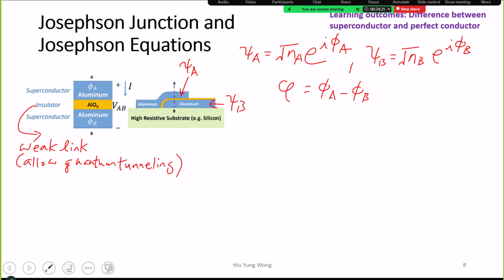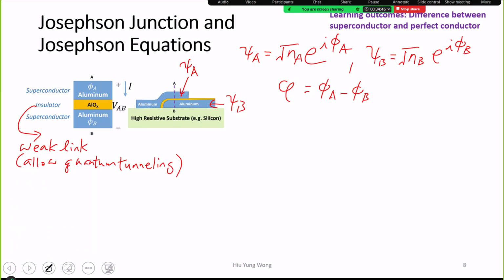And didn't we say that it is not observable, right? Because in any measurement, the phase doesn't matter. And indeed, it doesn't matter. But here you see that the difference will matter for the current. So that's why you see that it has a quantum effect over here. Is that okay for this definition?